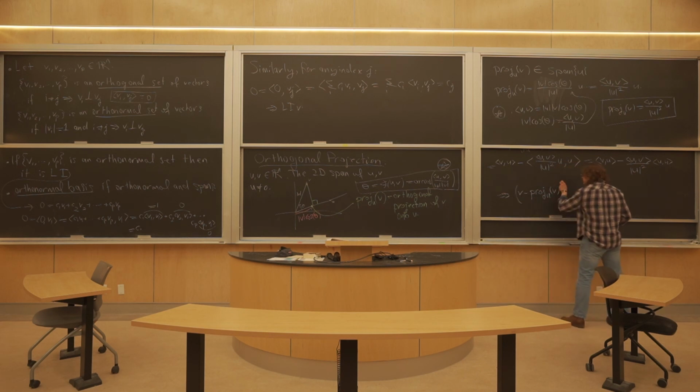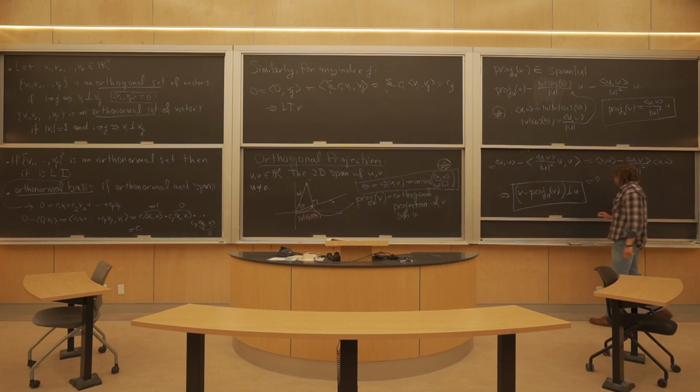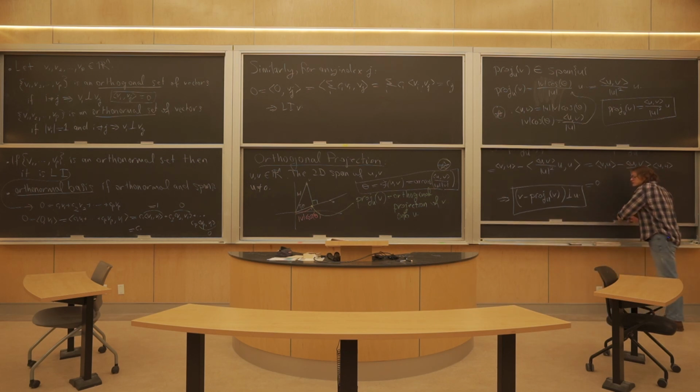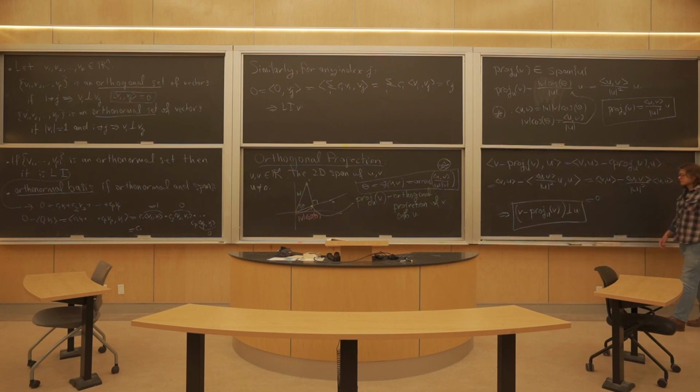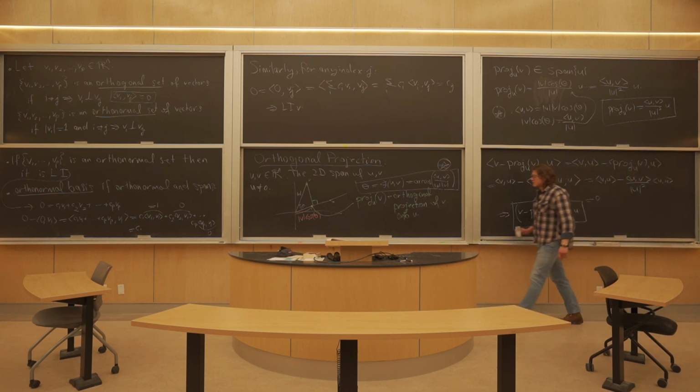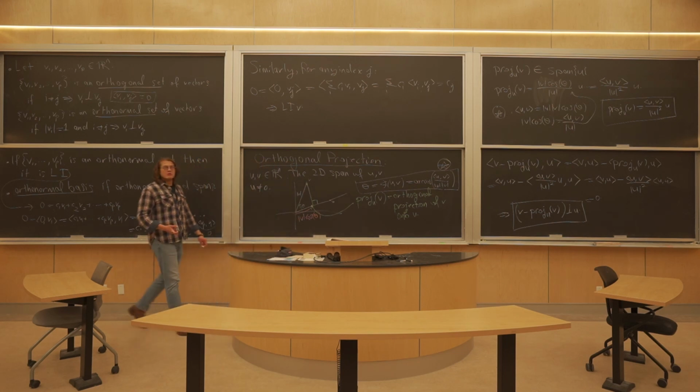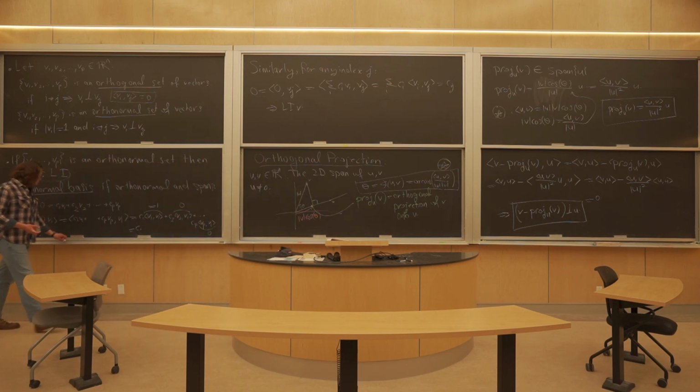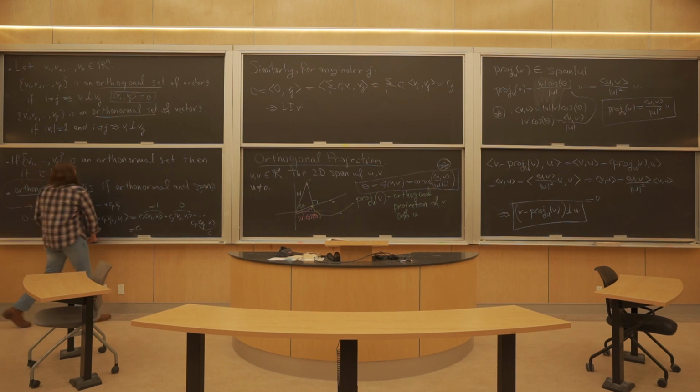So this vector is orthogonal to u. Any questions about this? Okay, let's do examples.